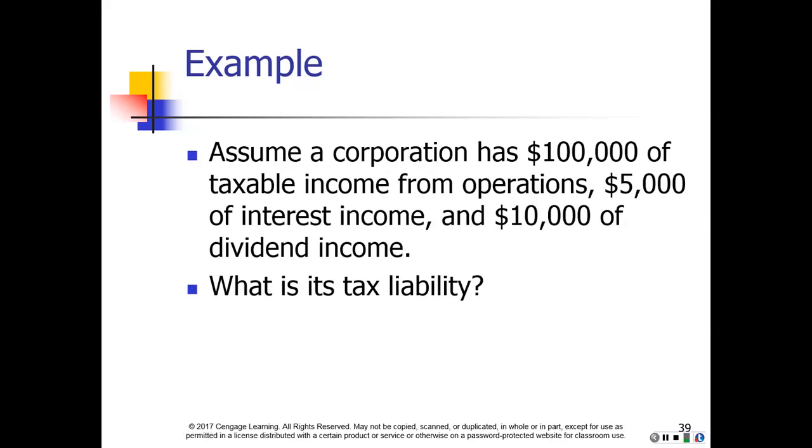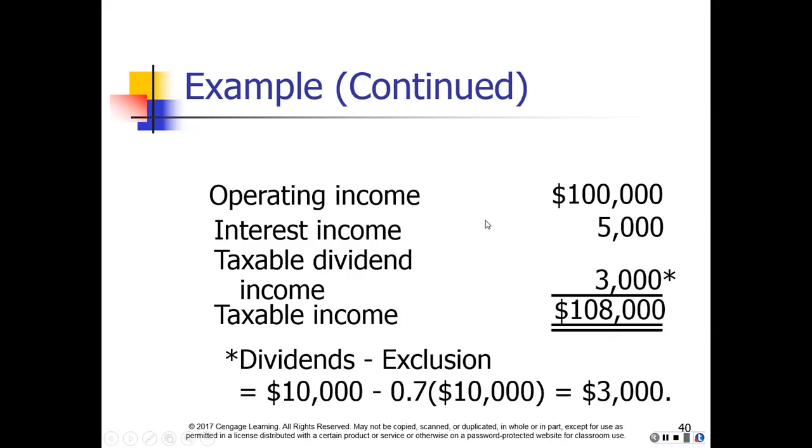So assume a corporation has $100,000 of taxable income from operations, $5,000 of interest income, $10,000 of dividend income. Then what is its tax liability, right? Let's see. So first, you can get operating income, add interest income, right?